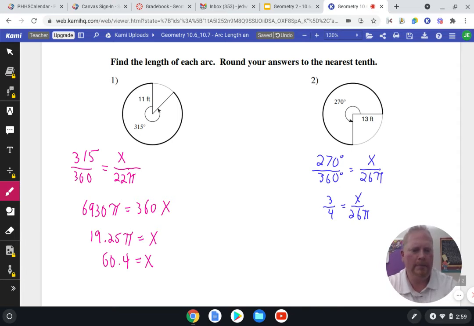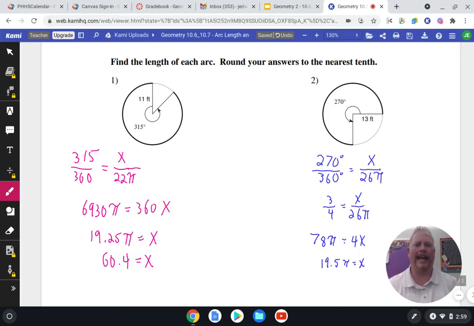So when I cross multiply, I get 78 pi equals 4x. And then 78 divided by 4, I believe that is 19.5. So that arc length is 19.5 pi.